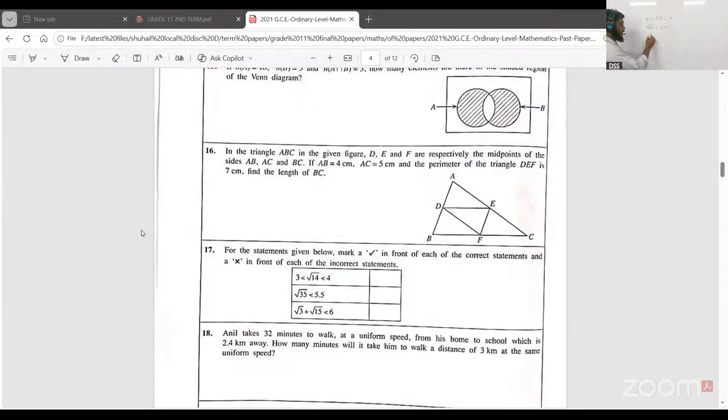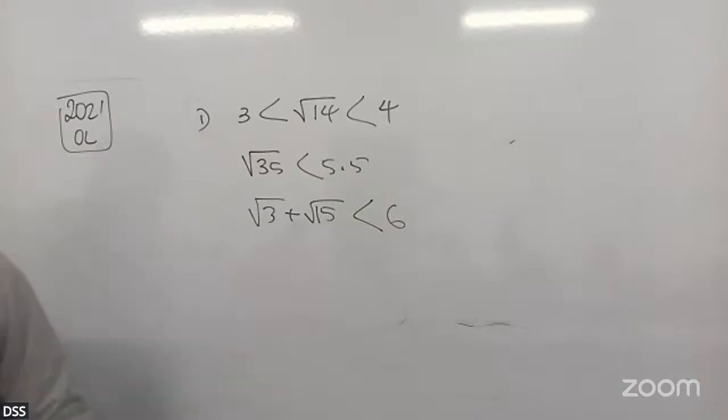Square root 3 plus square root 5, I'm sorry. Square root 15 is less than 6 they have given. Anyway, 3 statements they have given. I think we have to put tick or cross here. Okay, nice. These are 3 statements. You have to put tick or cross here.